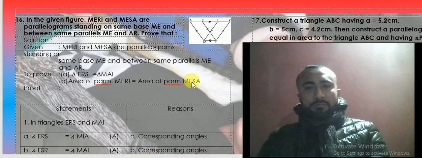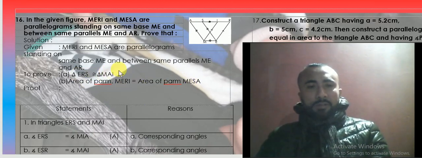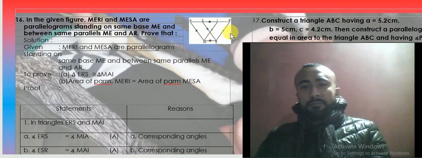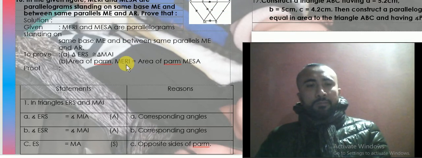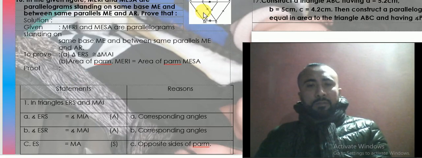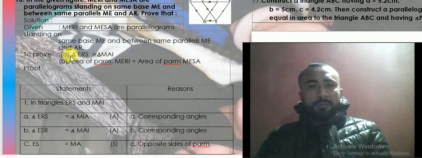So here in question number 16, you get a theorem. In this figure, first of all we are asked to show that these two triangles are congruent.